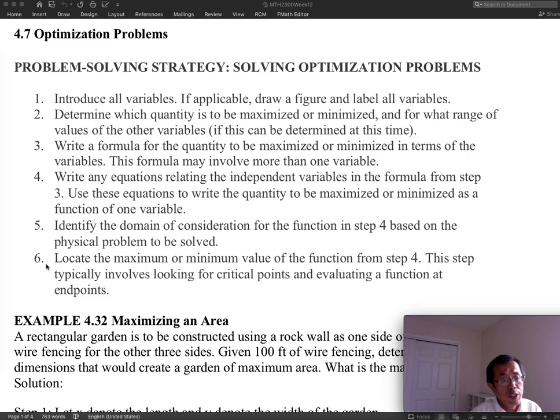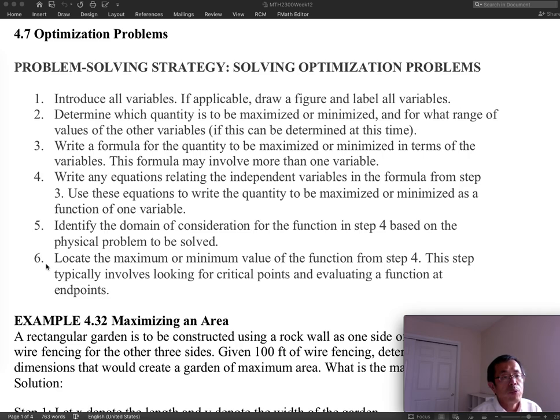Okay, in general, this is how I treat a word problem, application problem, or optimization problem. You need to read the requirements carefully and make sure you understand the situation in a mathematical way.